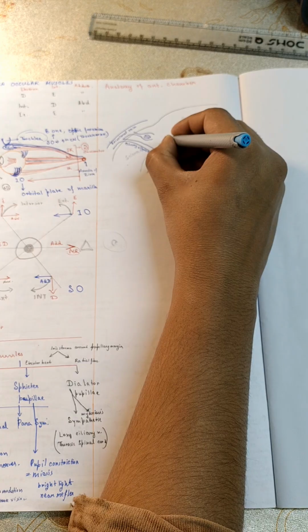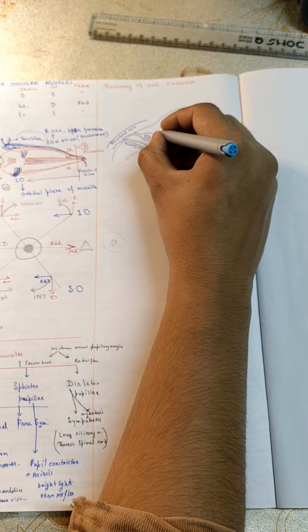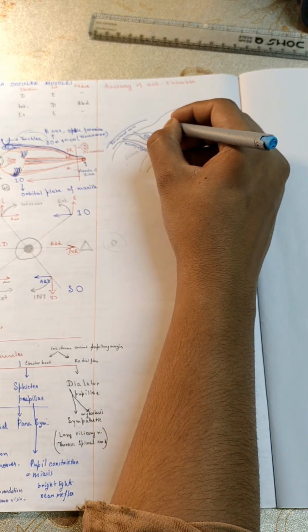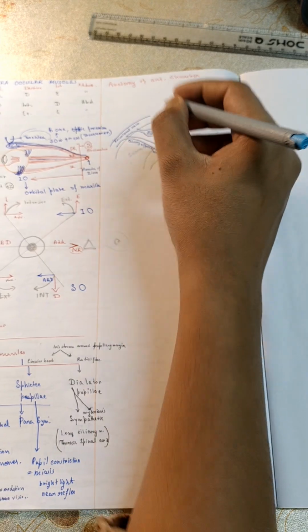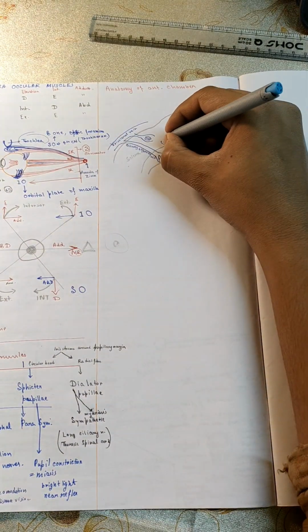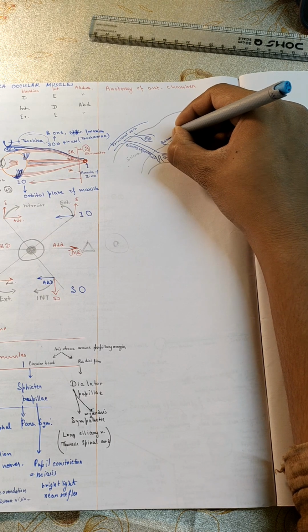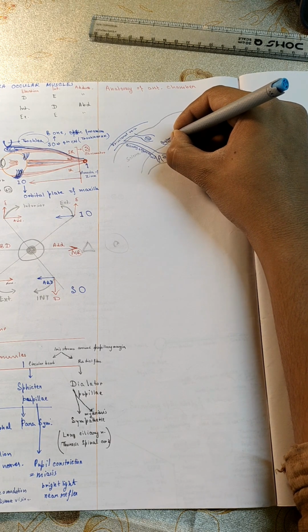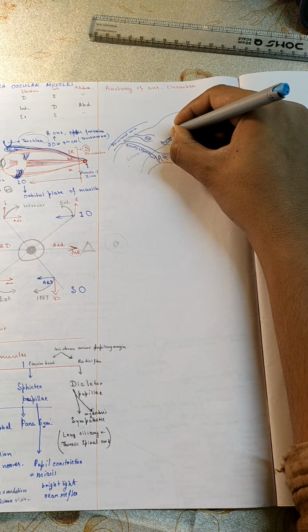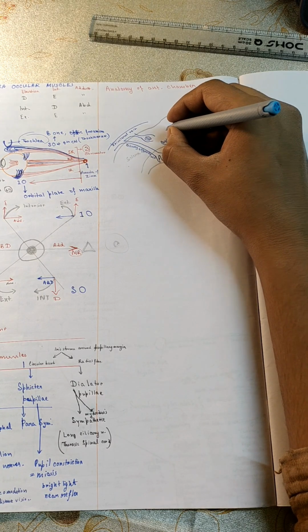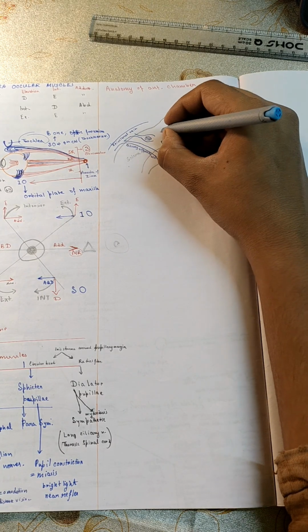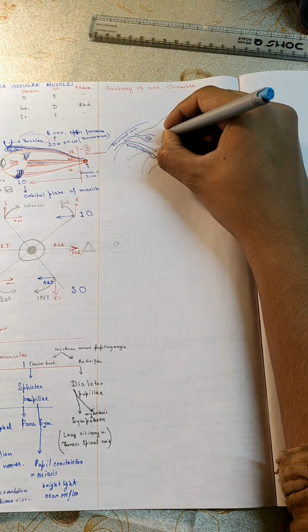It is making a huge blob like this. What is this blob? This is Schlemm's canal. This blob is this thing. It is the canal. Okay.